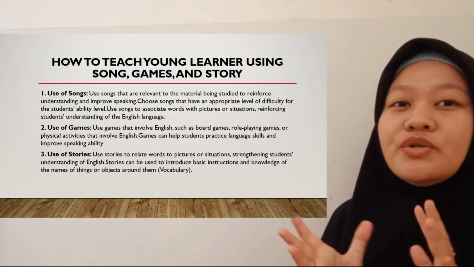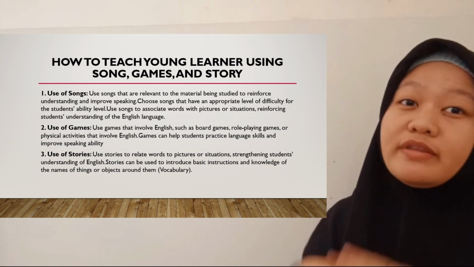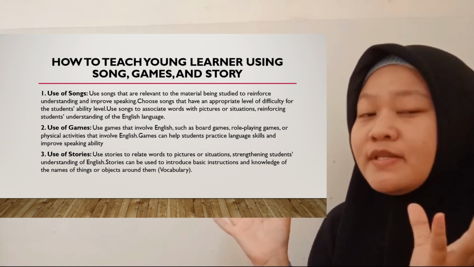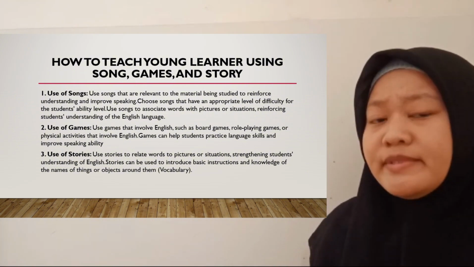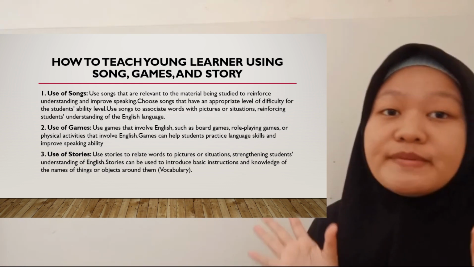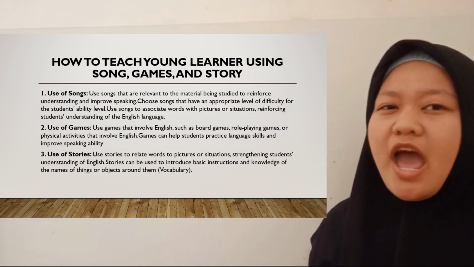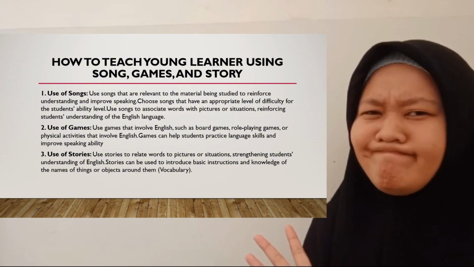And the next, use of games. Use games that involve English, such as board games, role-playing games, or physical activities. Games can help students practice language skills and improve speaking ability. And the last, use of stories.